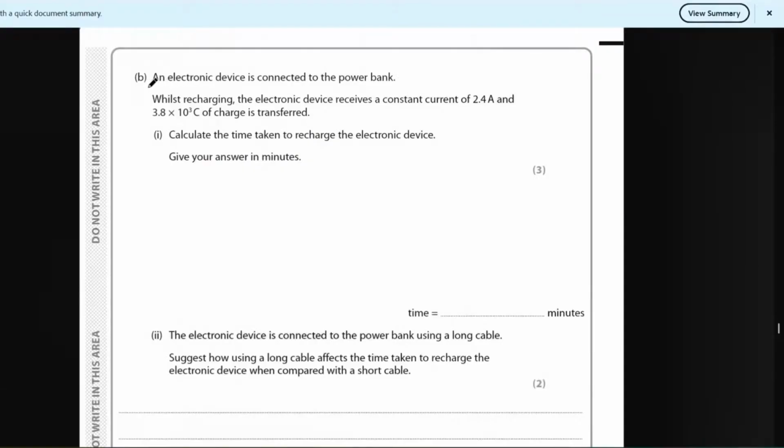Okay, question B. An electronic device is connected to the power bank. Whilst recharging, the electronic device receives a constant current of 2.4 ampere and 3.8 times 10 to the power 3 coulombs of charge is transferred. Calculate the time taken to recharge the electronic device. So we know the current, we know the charge Q, we need to find the time.